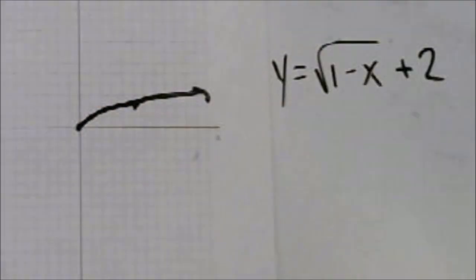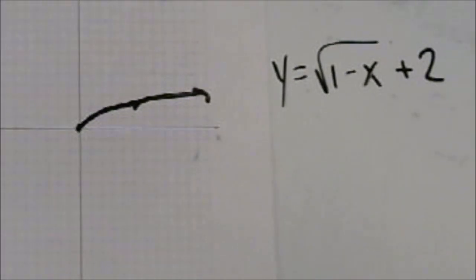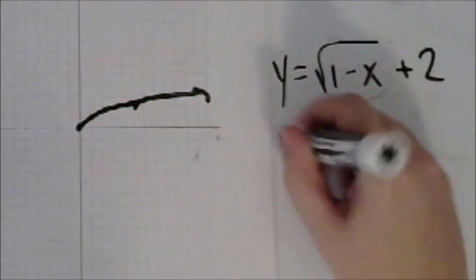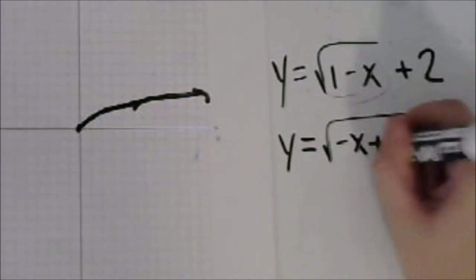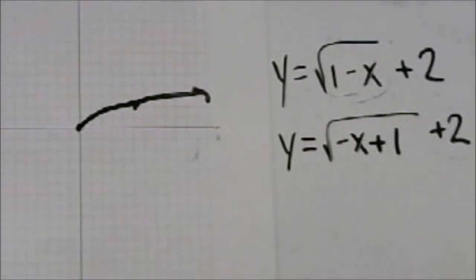And then I need to analyze each of the transformations present. The first thing I notice is that it says 1 minus x instead of saying x minus 1. That means that there's going to be multiple transformations in this problem. I highly recommend rewriting this so that it says y equals -x plus 1, which is mathematically equivalent to 1 minus x.